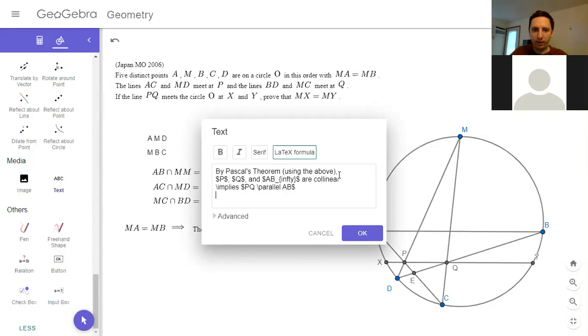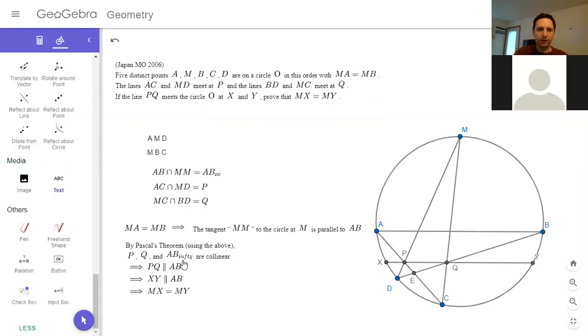And that means that XY is parallel to AB. Right. And that means that MX equals MY. All right.